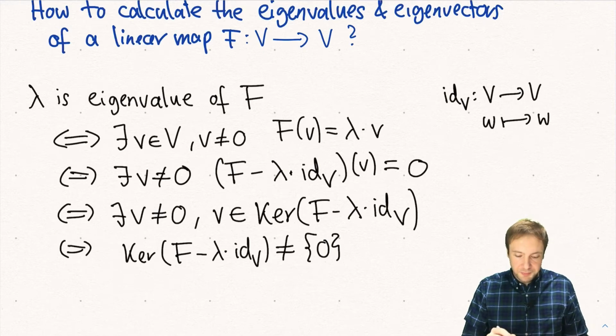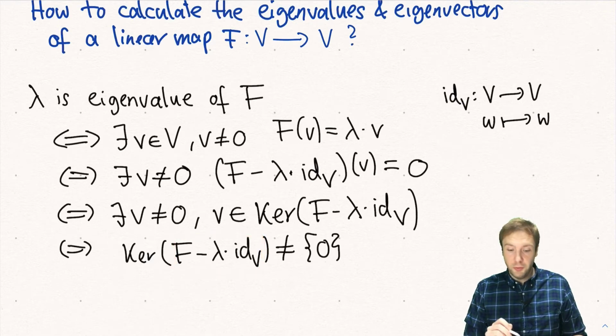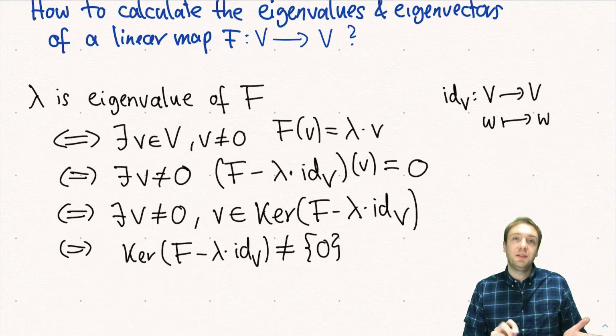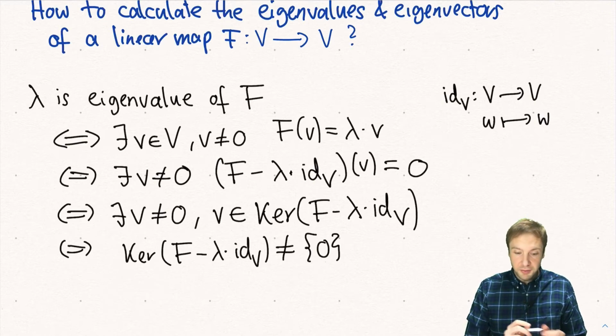And this means that this map here is not injective, but we consider the case that we have a linear map f from one vector space to itself, and in this case being not injective is equivalent to being not isomorphic.